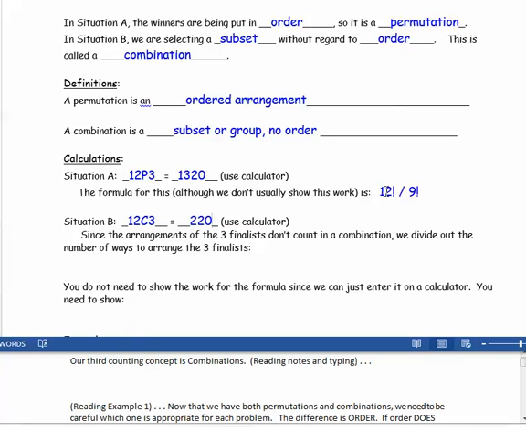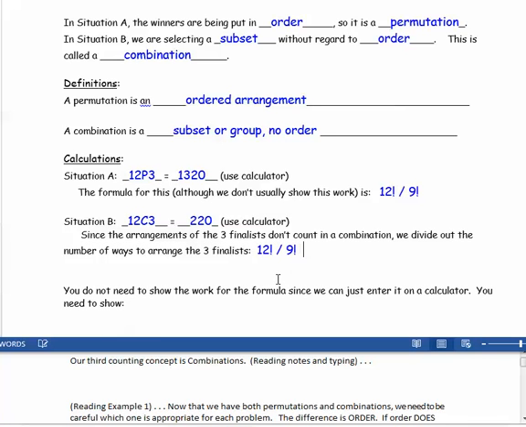So we start the same way as the permutation, but we also divide by 3 factorial for the 3 finalists that are no longer going to be arranged. But you don't need to show this work for the formula, since we can just enter it on the calculator. All you would need to show for situation B would be 12C3 equals 220.